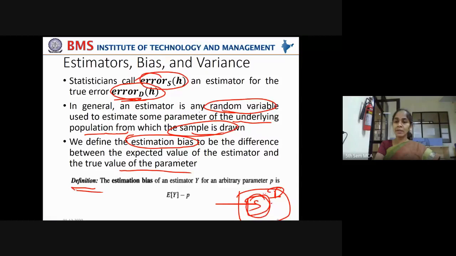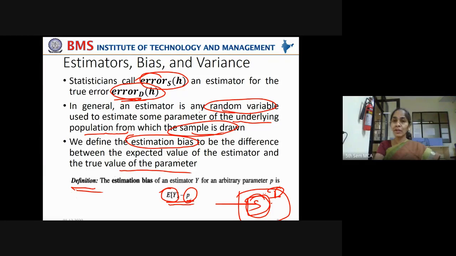The estimation bias of an estimator y for an arbitrary parameter p is given as E of y, that is the mean value of y, minus p. p means the value that is predicted. This is the mean of all the sample errors minus p, which has to be the original prediction.